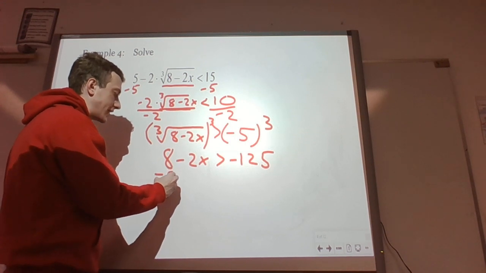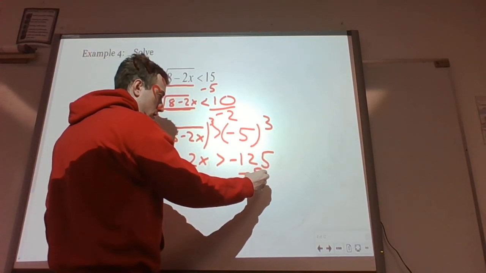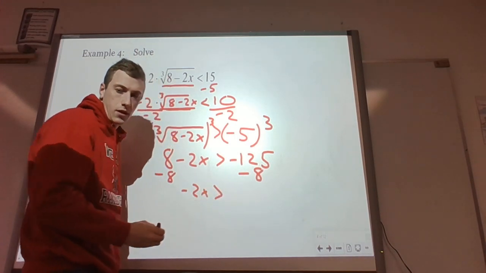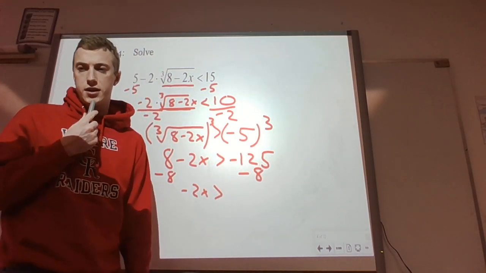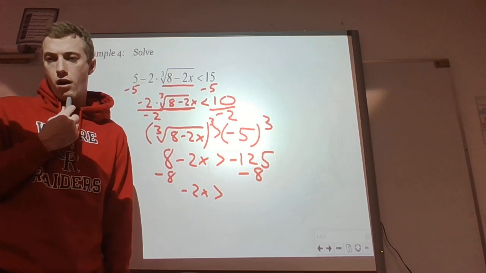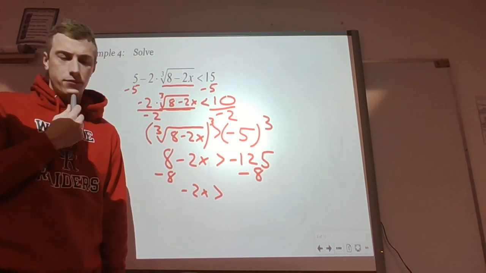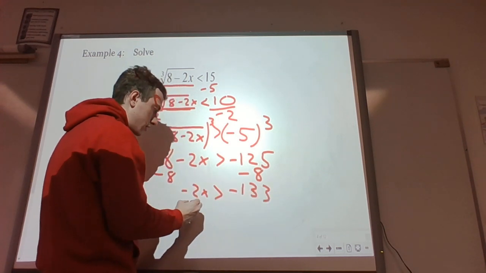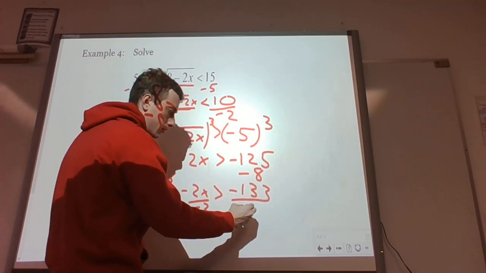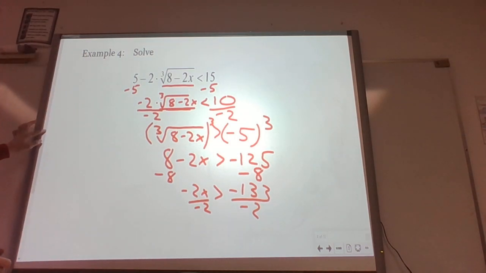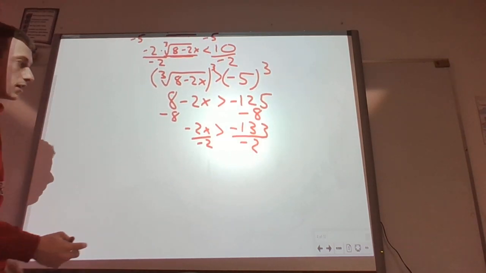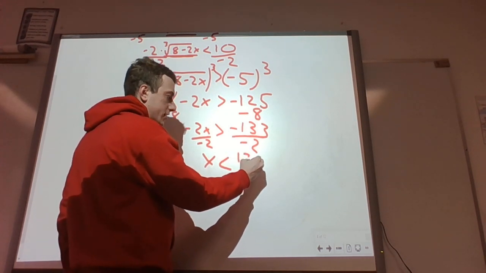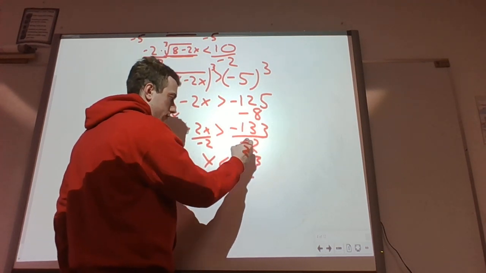So if we take away 8 from both sides, that gives us negative 133. Divide both sides by negative 2. Dividing by a negative again, we're going to flip the sign. Let's just leave that as 133 halves.